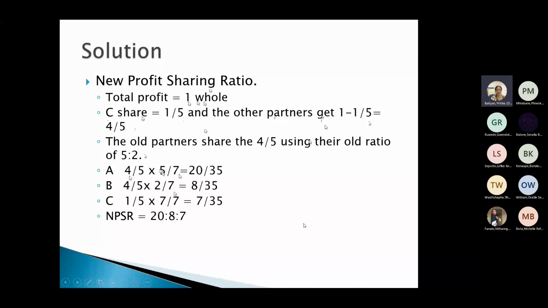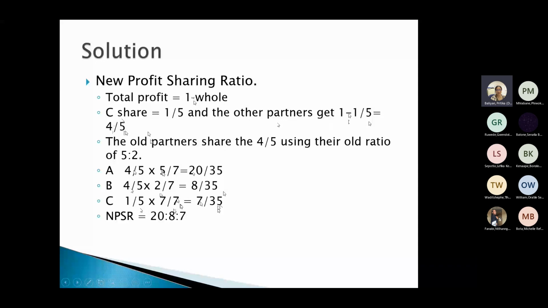And the portion for C is 1/5. So we also need to convert that: how much is 1/5 over 7? It becomes 7 over 35. Why are we multiplying by 7? Because we want the same denominator for all the partners. In 1/5, to get 35 as the denominator, we multiply 5 by 7, because 7 times 5 makes 35.